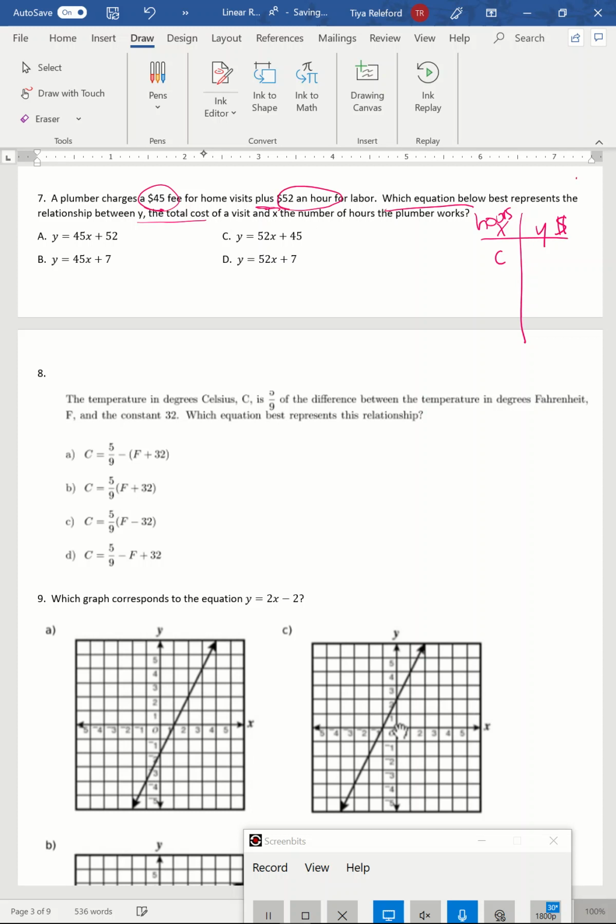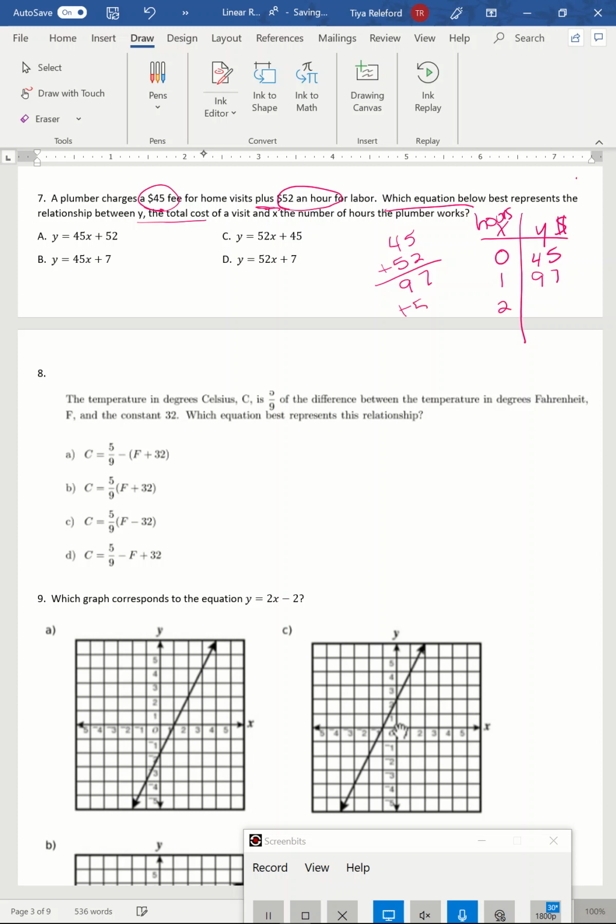So for 0 hours, when he very first comes out, he's going to charge you $45 before he even starts to work. And every time an hour goes by, he's going to add $52. So for 1 hour, it's going to be $97.